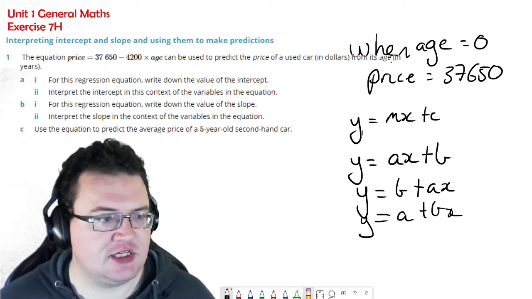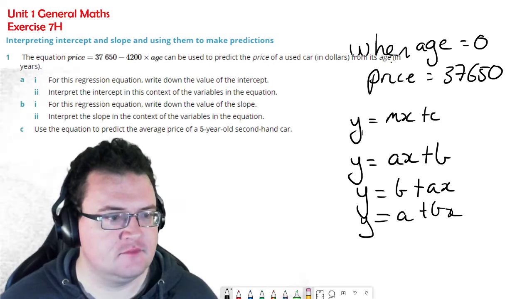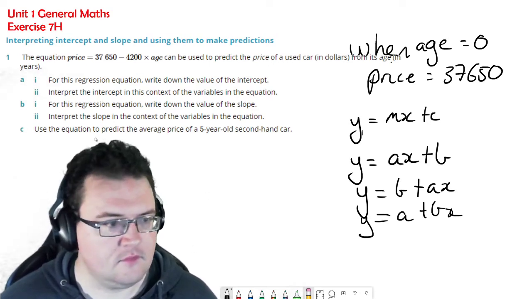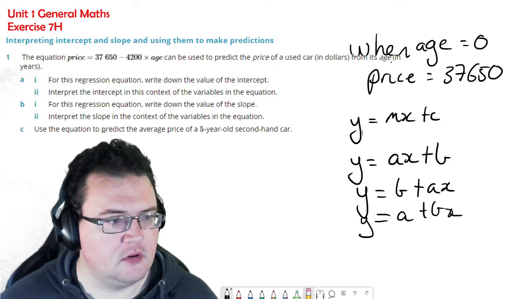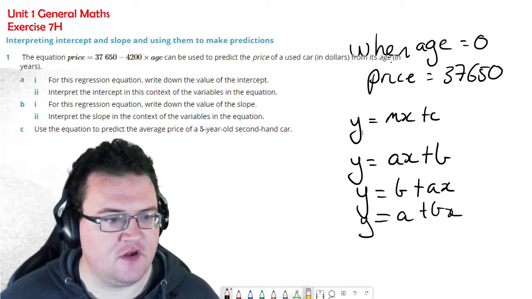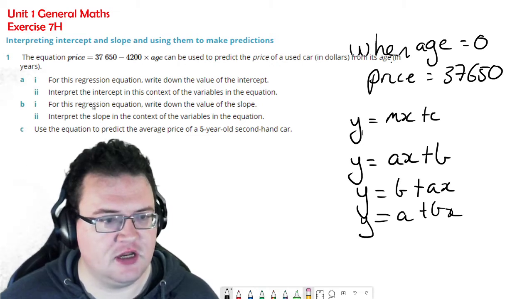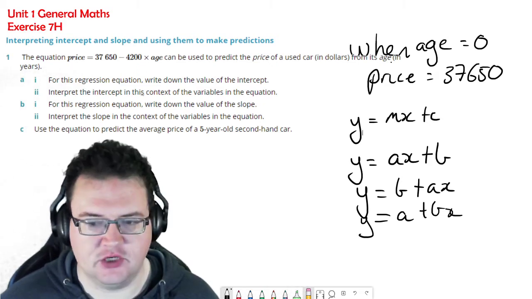So in this case, we have the slope. So interpret the slope in the context of the variables of the equation and write down the value of the slope. So it's going to be this here, which is negative 4,200.